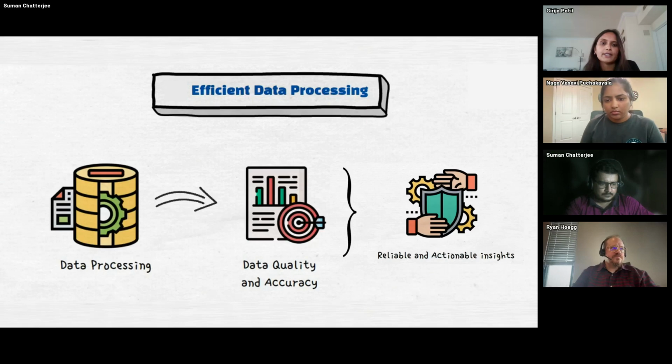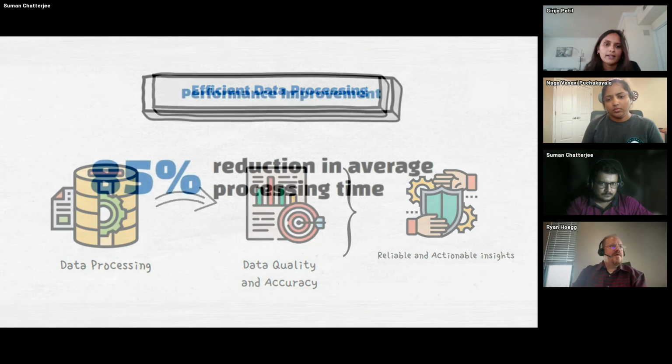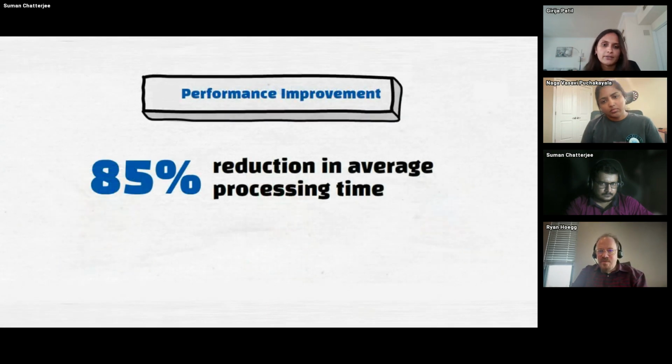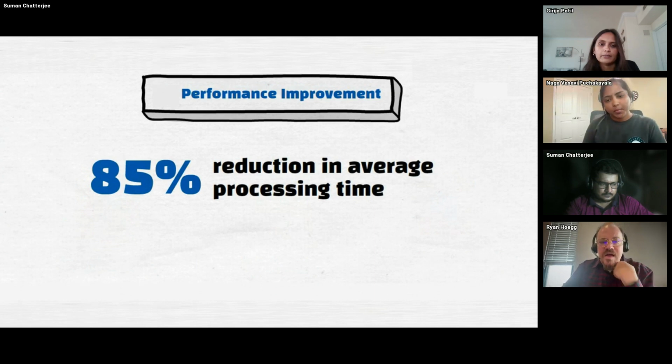This facilitates efficient data processing and also ensures the operations are supported, reliable and actionable. It was also observed that there was an 85% reduction in the average processing time, which enhances the company's productivity and agility.